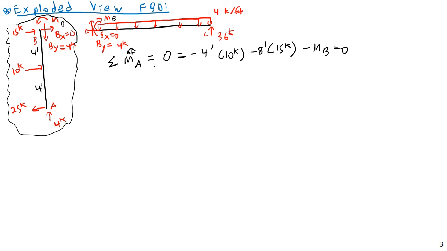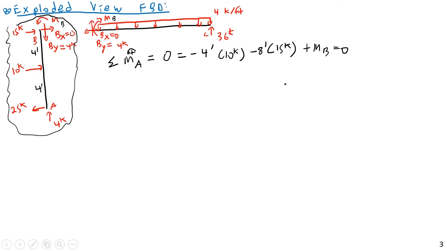And so again, I'm taking moments about joint A here. When I sum moments about A, this 10 kip force is generating a negative moment about there. And my 15 kip force, 8 feet away, is going to generate a negative moment. So I think that should actually be a positive here.